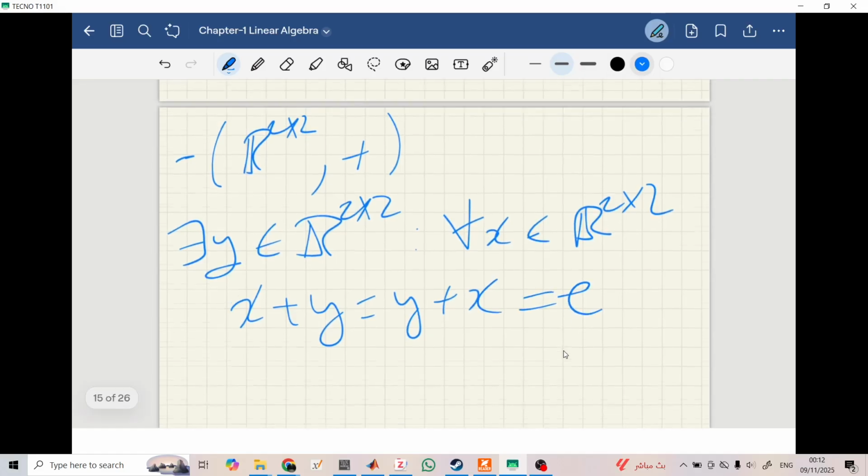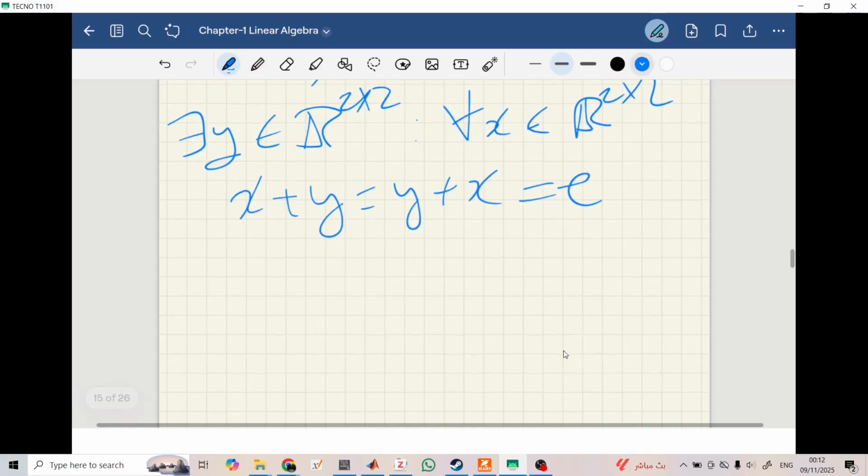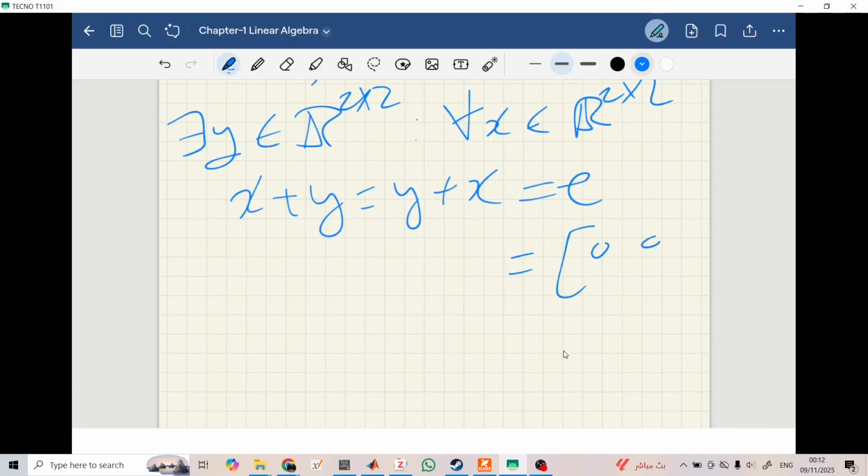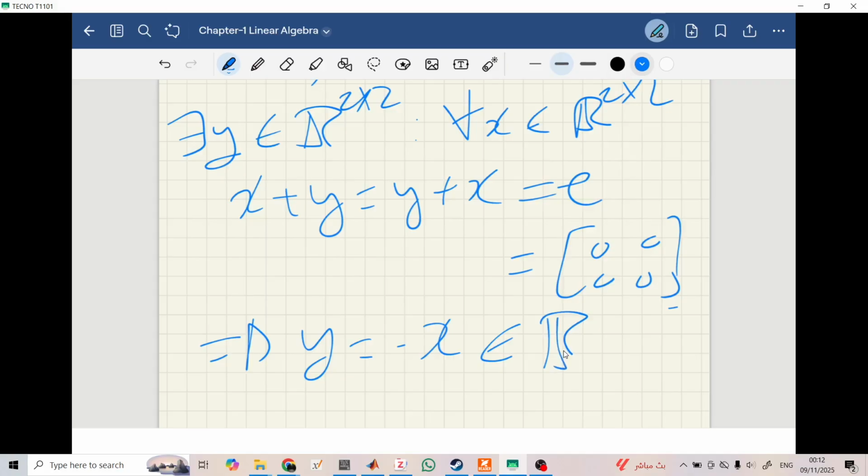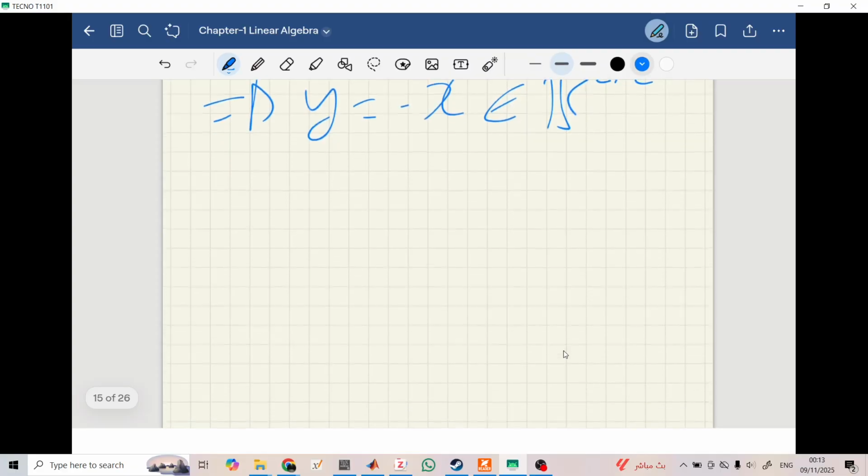What is e? If you remember, it's the all 0 matrix. So this means that y again is minus x, and it belongs to R 2 by 2. So this is a simple one.